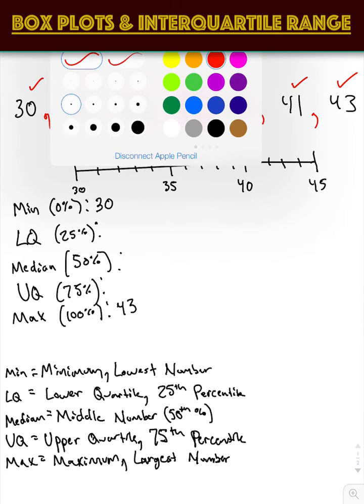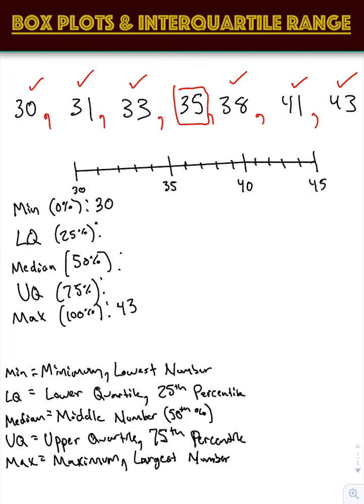So 35 is my median. It's halfway. That's why it's at the 50th percentile. There are 3 numbers less than 35, 30, 31, and 33, and there's 3 numbers more than 35, 38, 41, 43. That's why it is the 50th percentile.